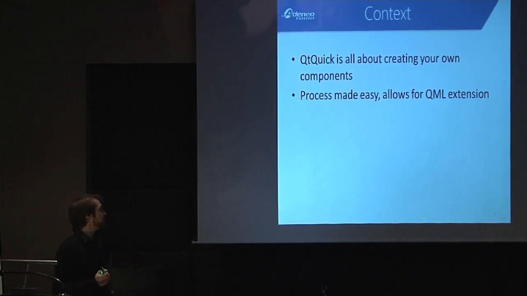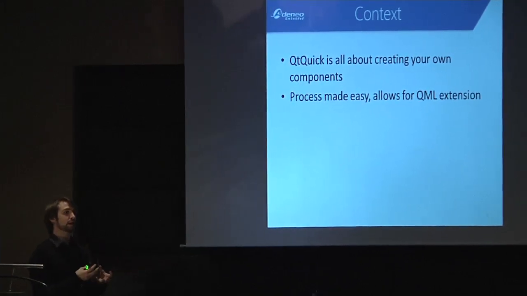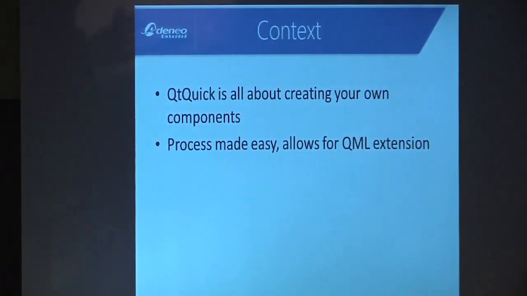The context. When you build your Qt Quick application, I think probably you know that it's all about creating your own component. You will have to create your Qt Quick component because it's not like with the C++ widget where you take a button or something existing.